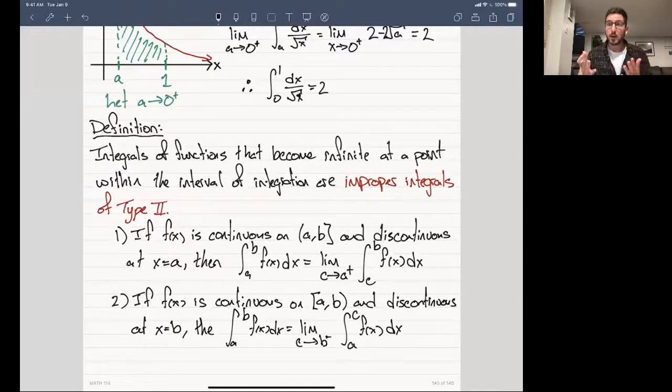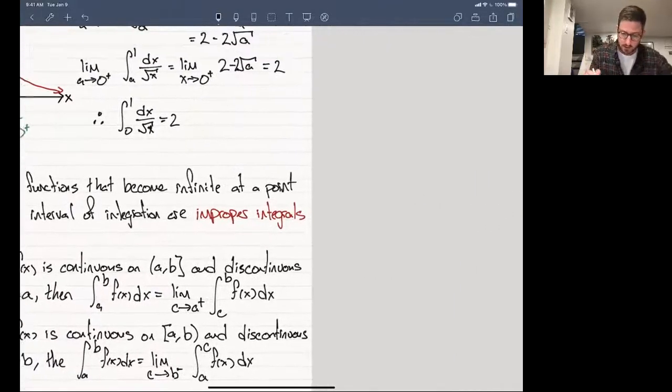There is one more case, and that's when you have discontinuity inside of the interval. So let me write this one down for us.